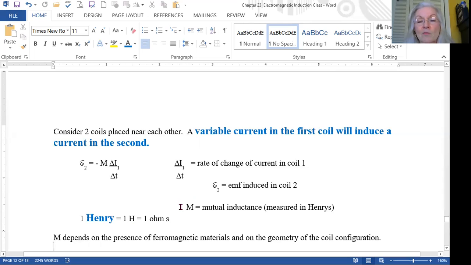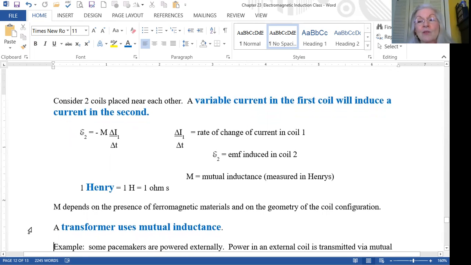Mutual inductance is measured in henries, where 1 henry is an ohm second, 1 ohm multiplied by 1 second. So the mutual inductance, capital M, depends on the presence of ferromagnetic materials. You may remember those are things like iron or gadolinium or cobalt, and the geometry of our coil configuration.